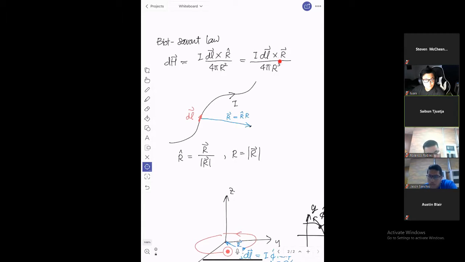If this is not a unit vector, it is the entire vector, so the entire vector is divided by the magnitude, right? So that's why you see they are the same thing. This one you cross with the unit vector, this one you cross with the vector itself. Everybody see that? So there's a lot of little details, and if you're not careful when you use the formula, then you run into problems and your answer is wrong, right? Any questions?